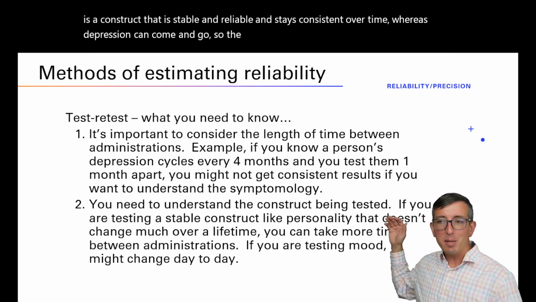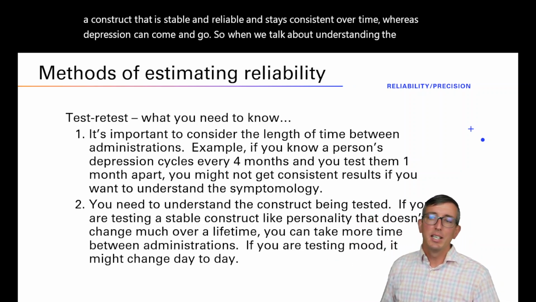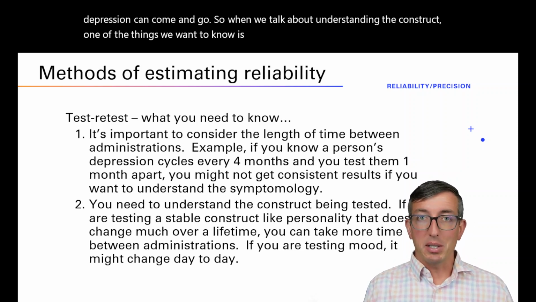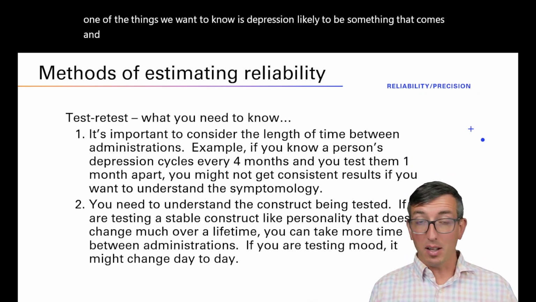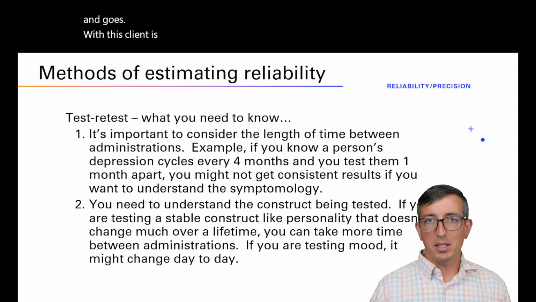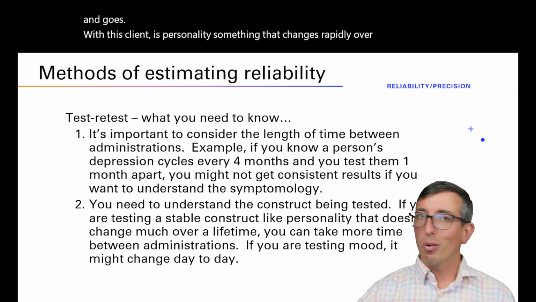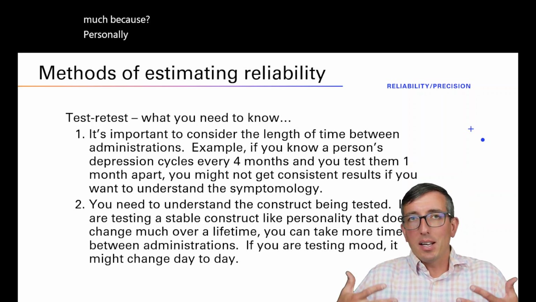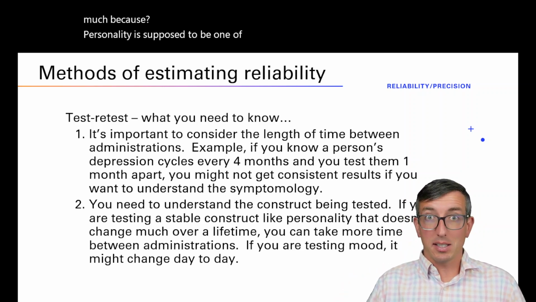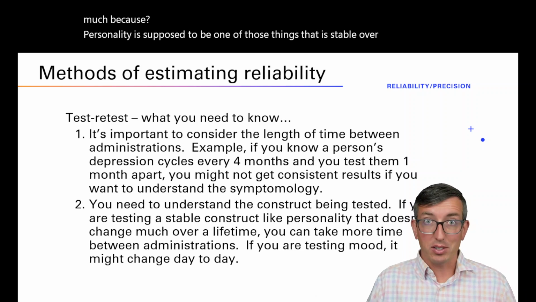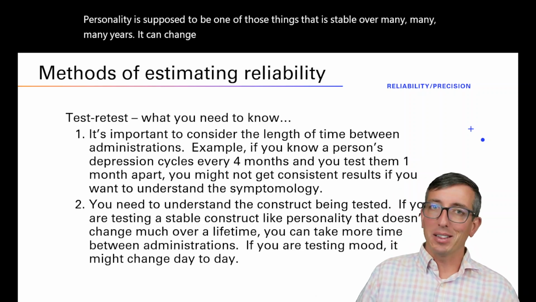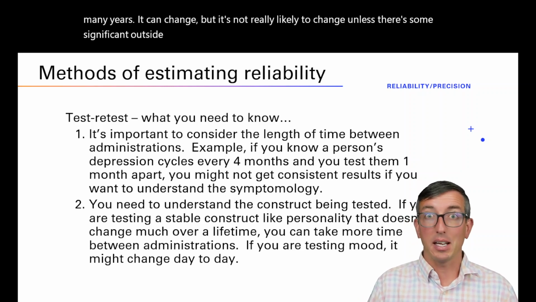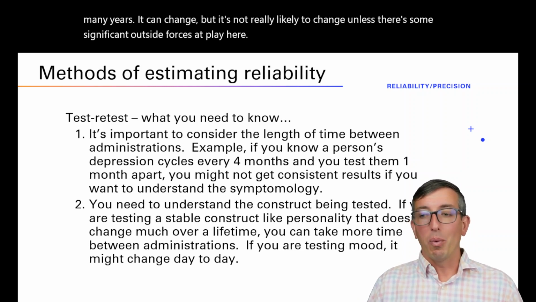So when we talk about understanding the construct, one of the things we want to know is, is depression likely to be something that comes and goes with this client? Is personality something that changes rapidly over time, or not so much? Because personality is supposed to be one of those things that is stable over many, many years. It can change, but it's not really likely to change unless there are significant outside forces at play here.